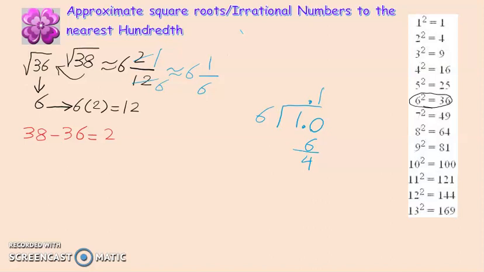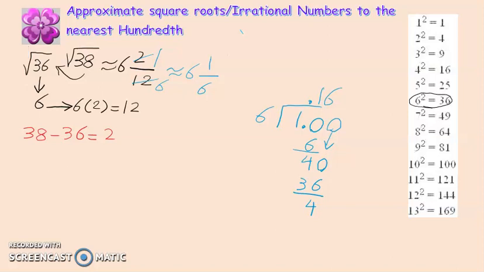It's impossible, so you need another 0. Bring it down, it is 40. How many 6 go into 40? 6 times. 6 times 6 is 36. Subtract, it is 4. Because you have the hundredth decimal place, you don't need to continue the long division.